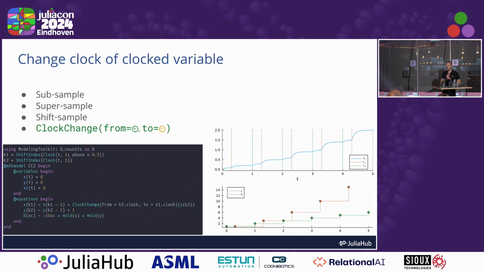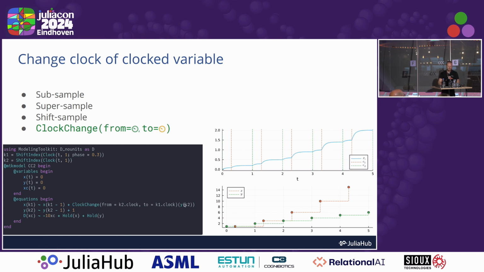You can also change the clock of a discrete time variable to a different clock, and you can use this to increase the sample rate or decrease the sample rate, or just change the phase. So here we have an example where we change the phase of a variable. It's a very simple simulation. We just have two discrete time equations and a continuous time equation. And the two discrete time partitions interact through this clock change operator.